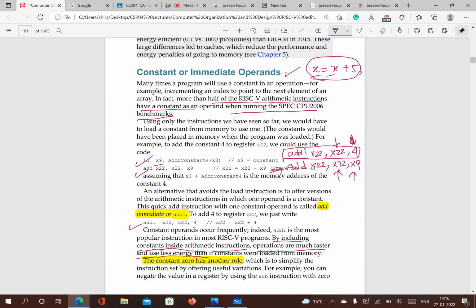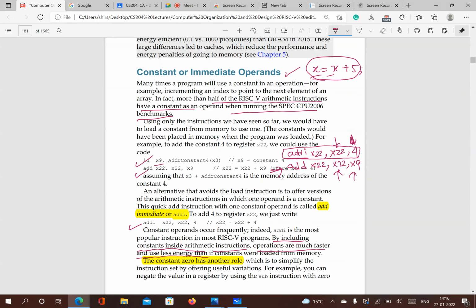So here, if we need to go to memory, then you are interacting with memory, so obviously latency will be high. And since you are interacting with memory, the memory also needs to supply, so energy consumption will be more. In today's world, whenever we design a computer, performance is not the only issue.